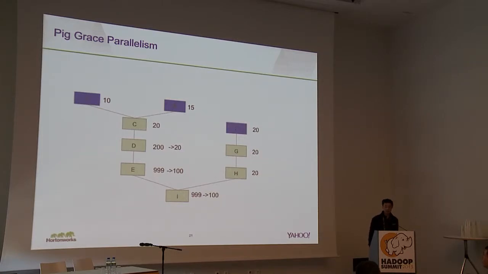And then we get a notification that node F is finished, and we get the accurate output data size from it. And then we adjust the downstream vertices again. And we will do the same thing for vertex C. So as the DAG progresses, we gradually change the parallelism to the best knowledge we have at that moment.